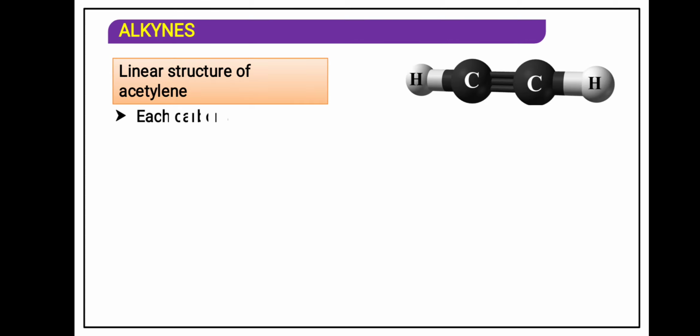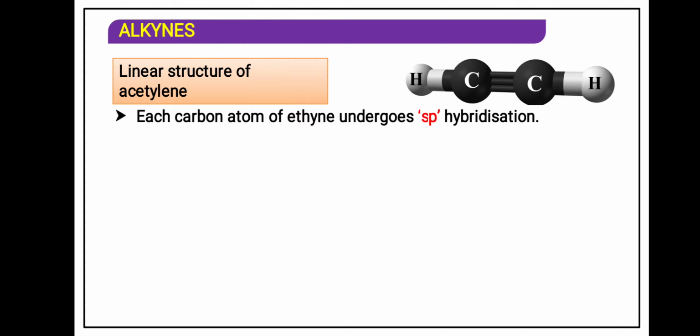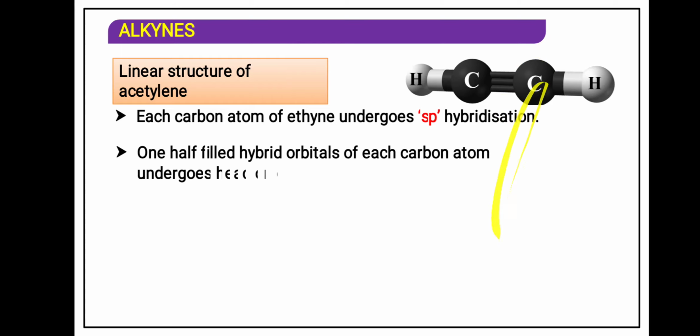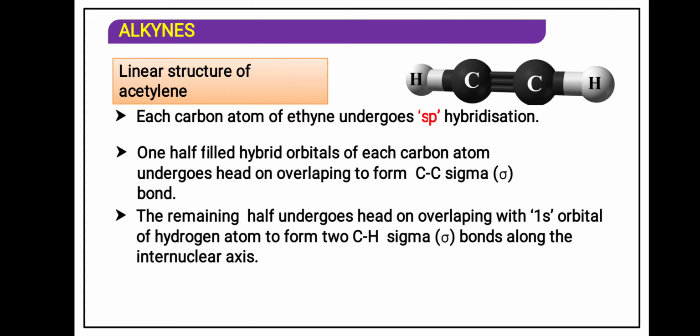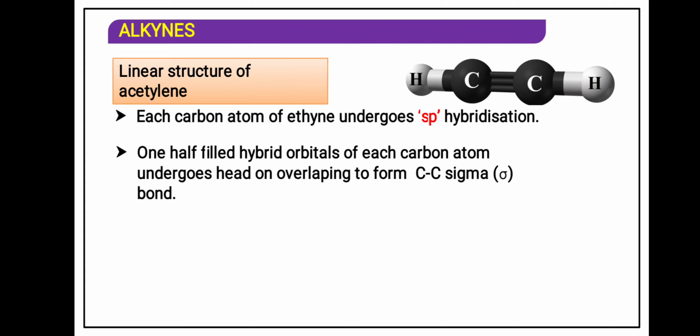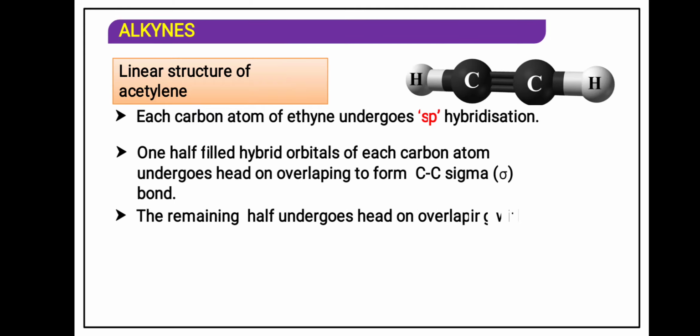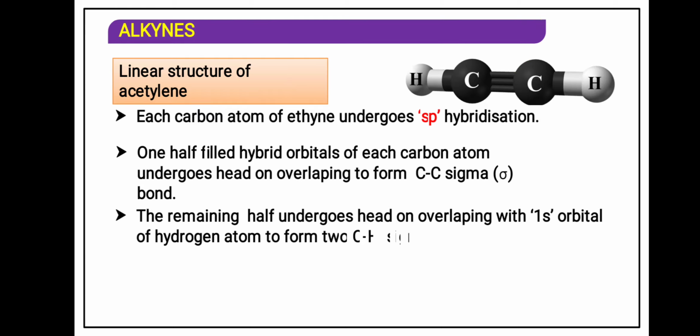Linear structure of acetylene. The bond angle between carbon and hydrogen, see this one, carbon, hydrogen, this bond angle is 180 degrees. And each carbon atom is sp hybridized. So there is a carbon to carbon 1 sigma bond, carbon to hydrogen is another sigma bond, that is the sp hybridization. 2 sigma bonds, and between carbon to carbon 2 pi bonds are there.